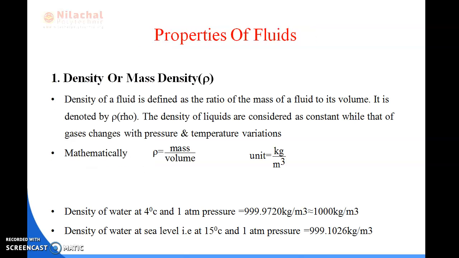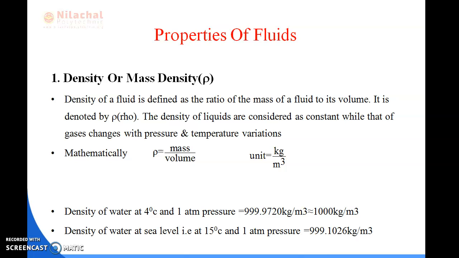Let's start. What is density? Density is defined as the ratio of the mass of the fluid to its volume. It is denoted by rho. The density of a liquid is considered constant, whereas that of a gas changes with pressure and temperature variation, because liquid is an incompressible substance.